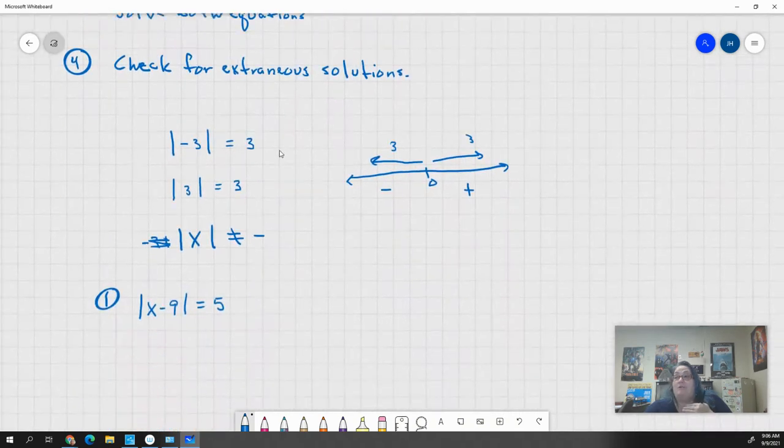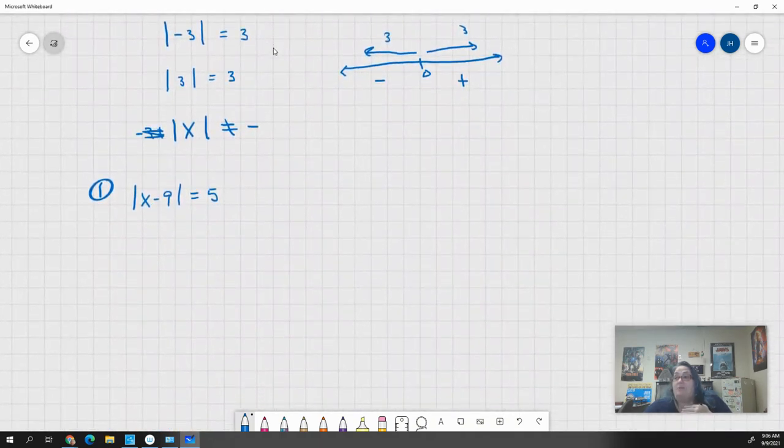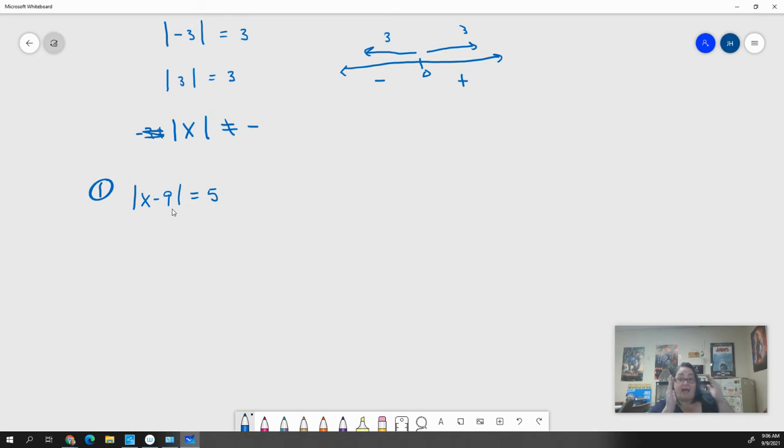That means the only thing that can be on one side of the equal sign is the absolute value and what's inside it. And it's already isolated, right? The only thing that we have on this side of the equal sign is contained in that absolute value. So step 1 is already done for us, which means that we're going to move on to step 2.